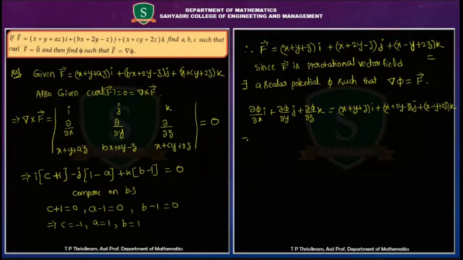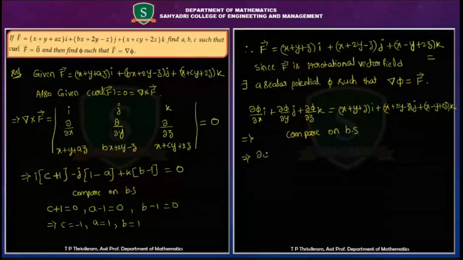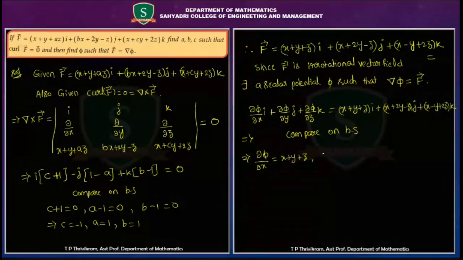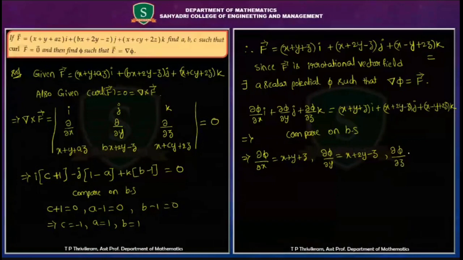If you compare the i, j, k coefficients on both sides, dou phi by dou x is equal to x plus y plus z. Similarly, dou phi by dou y is equal to x plus 2y minus z. Similarly, dou phi by dou z is equal to x minus y plus 2z.